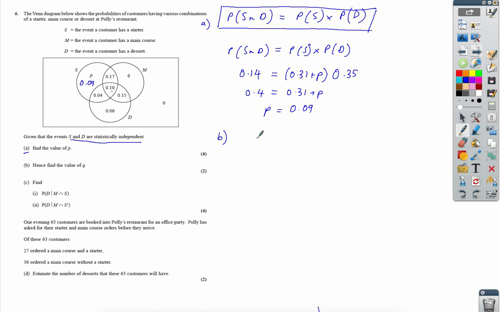Basically everything else gives you 0.17, 0.1, 0.15, 0.06, 0.09, and of course Q, this all adds up to 1, so Q comes out to be 0.39.